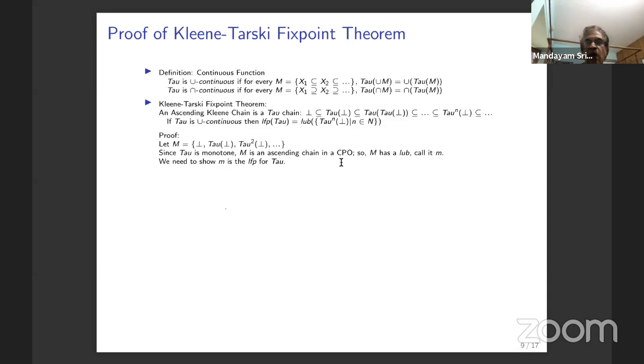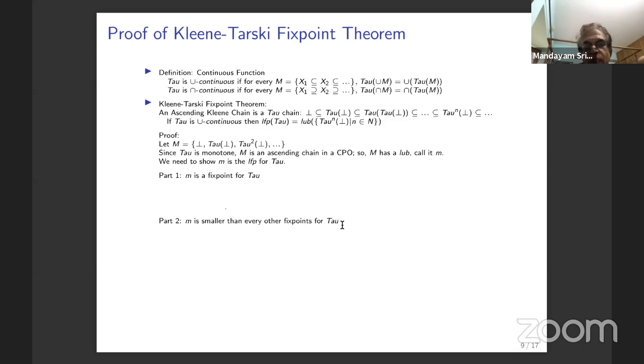So what we have to show is that the least upper bound of this is the LFP, the least fixed point for tau. There are two parts to the proof. First, you have to show that this least upper bound is indeed a fixed point for tau, that is, tau of M is equal to M. And then you have to show that M is smaller than every other fixed point for tau.